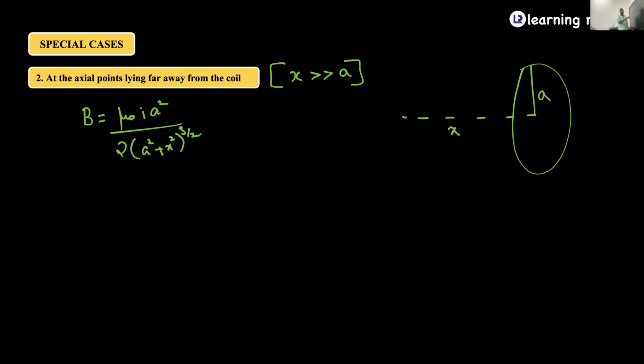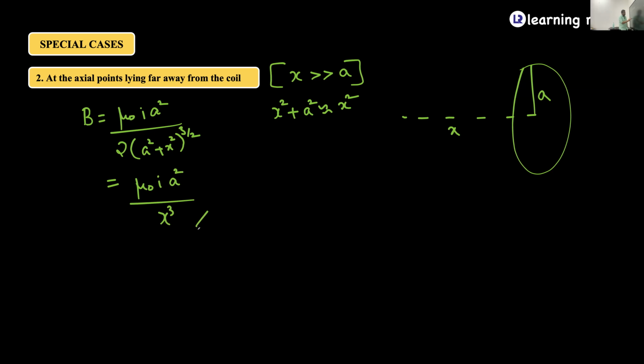When x is greater than a, a square plus x square is approximated to x square itself. Right. So here what will be the answer? Mu naught I a square divided by 2 into x square the whole power 3 by 2.